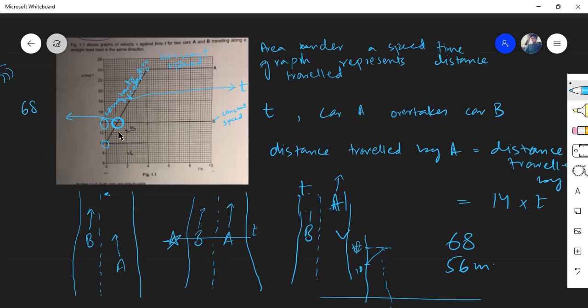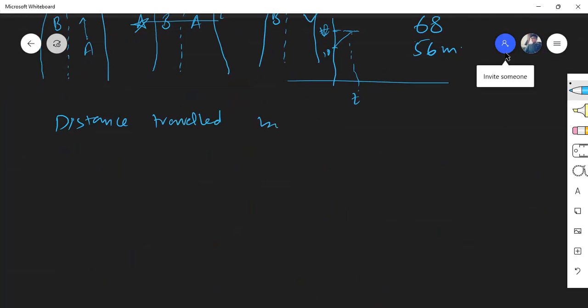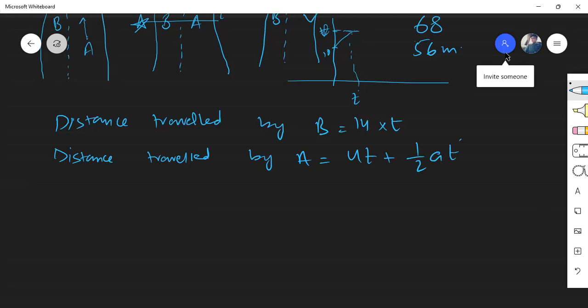So, distance traveled by B is 14 times t. And distance traveled by A is actually equal to ut plus half at squared.